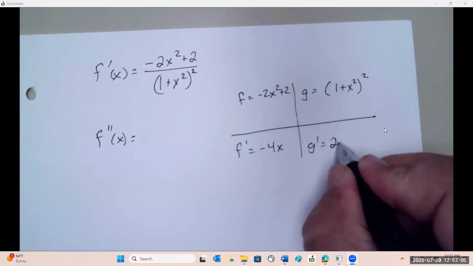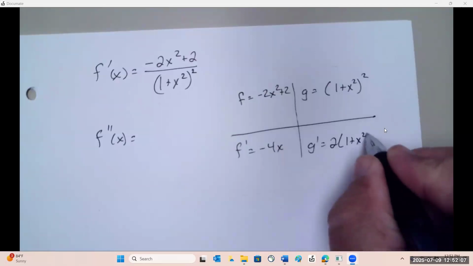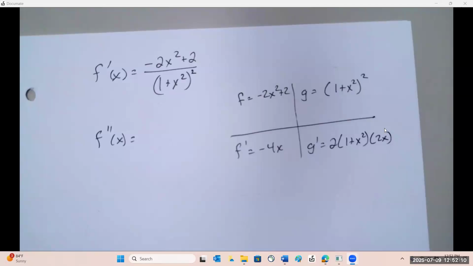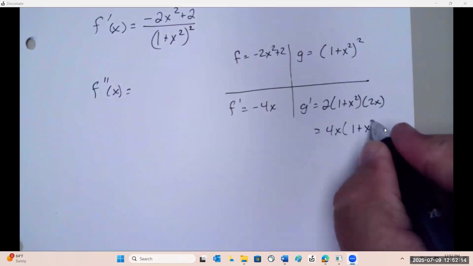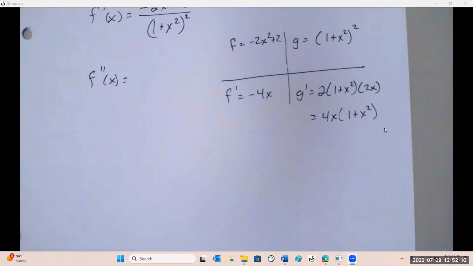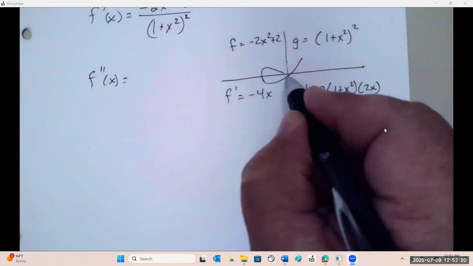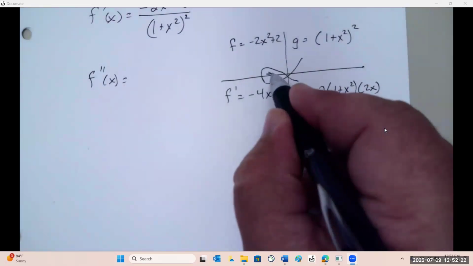G prime is 2 times (1 plus x squared) times 2x, which makes it 4x times (1 plus x squared). It's a quotient, so subtraction.